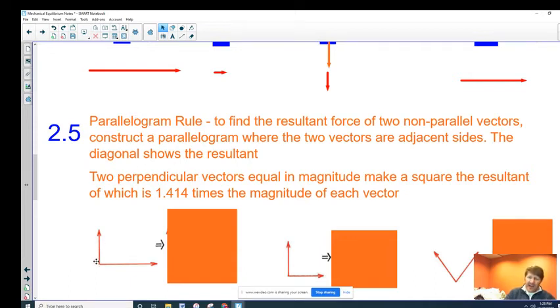So in this case, I would draw a line parallel to this one right here, and a line parallel to this one right here, and I would construct a parallelogram. It would be a rectangle in this case. And then I would draw the diagonal of that parallelogram to get my resultant vector. It would look like this. So the resultant comes from these two components.